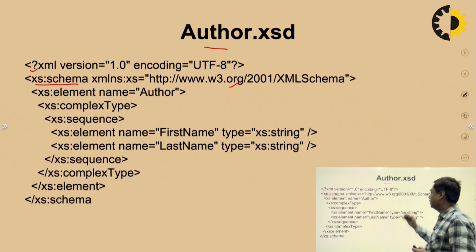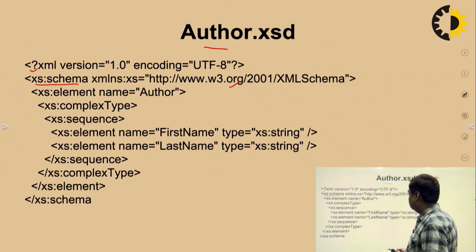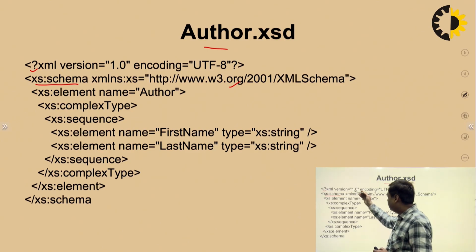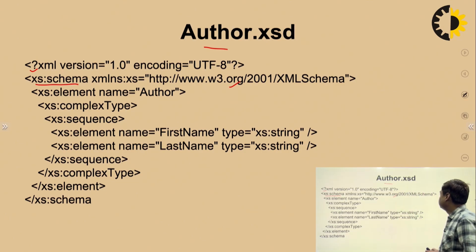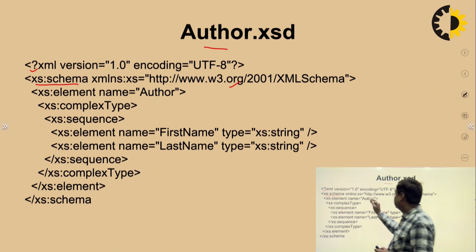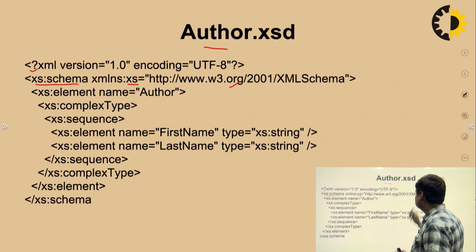It is the string we need to refer to, to inform the browser where the elements that we are going to use, like sequence and complexType, are coming from. So we have created xs as the reference point that will access this reference string.